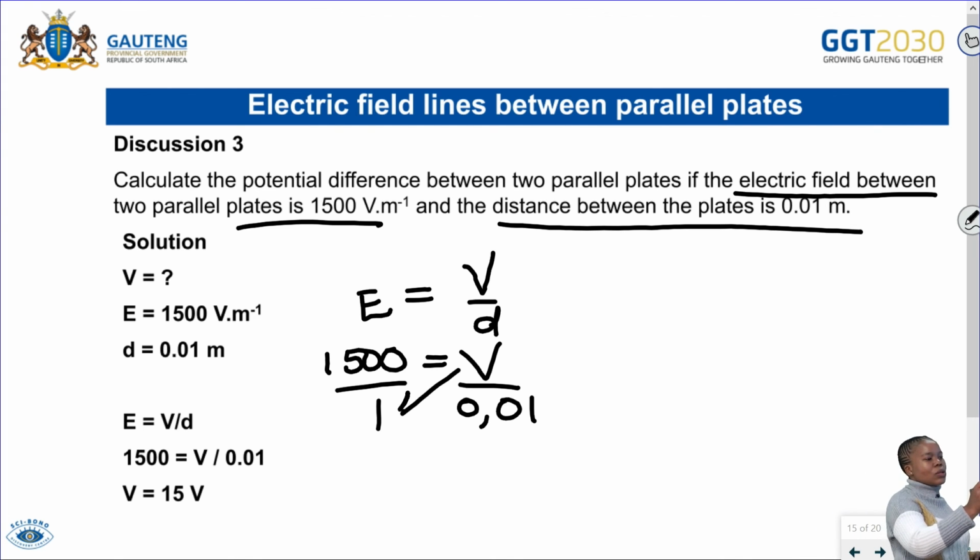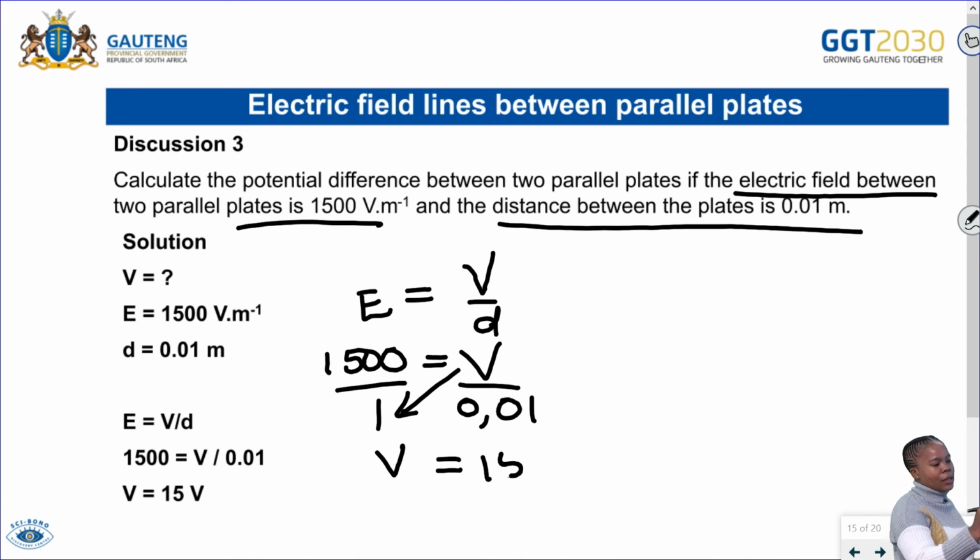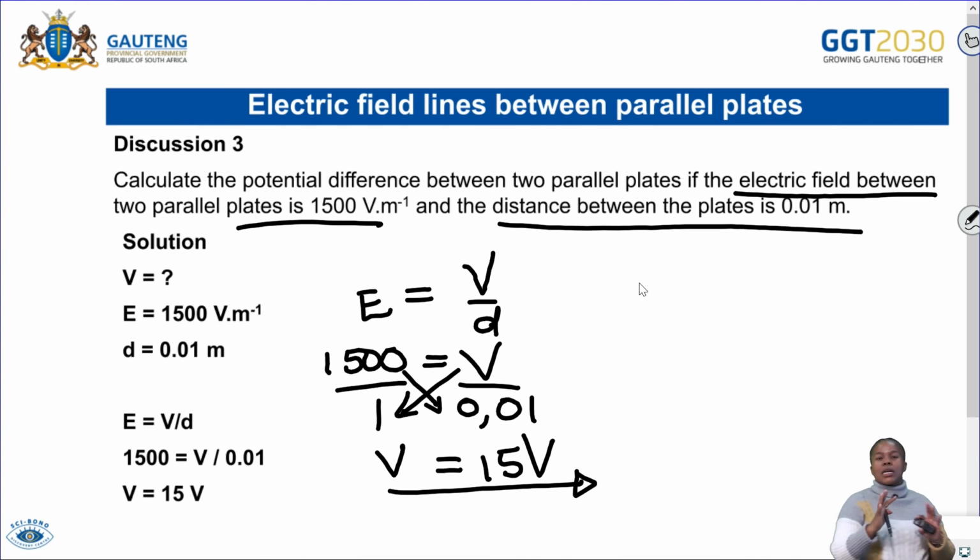So this is going to be 1 times V, which is V, is equal to 1,500 times 0,01, which is therefore going to give us what? 15. And this is 15 what? Volts. Okay, so basically what we did is a cross multiplication method. Right. Easy, hey? I'm sure it is.